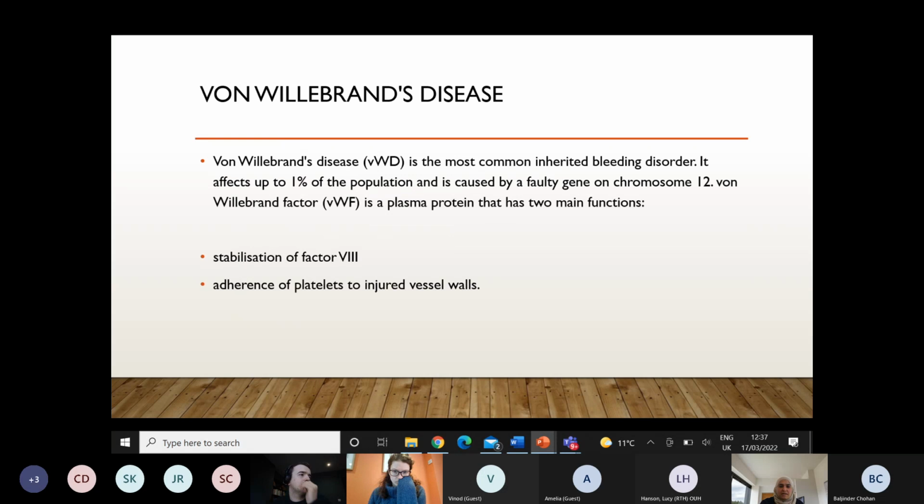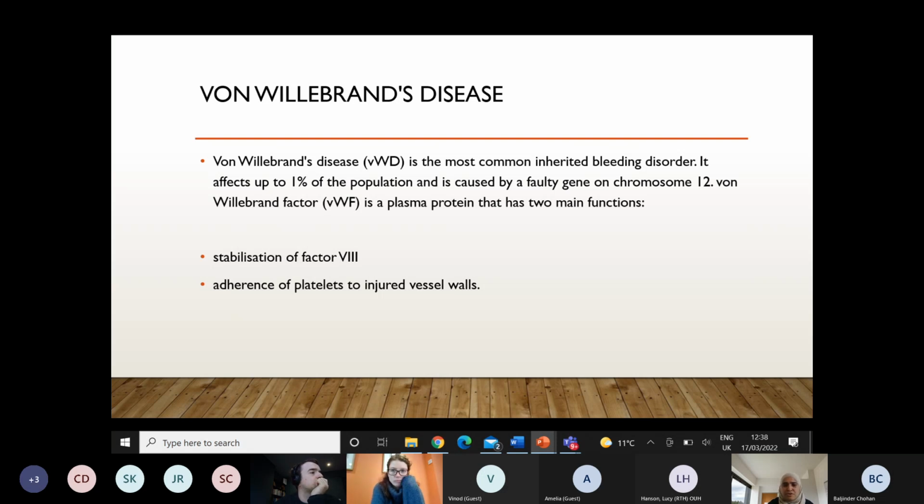It's quite interesting. Von Willebrand disease inheritance is very complex. It's difficult to understand. And it is common, 1% of the population may have a faulty gene, and it is on chromosome 12. So von Willebrand factor is a plasma protein which has two main functions. The first one is to stabilize factor VIII, and the second one is adherence of platelets to injured blood vessels.